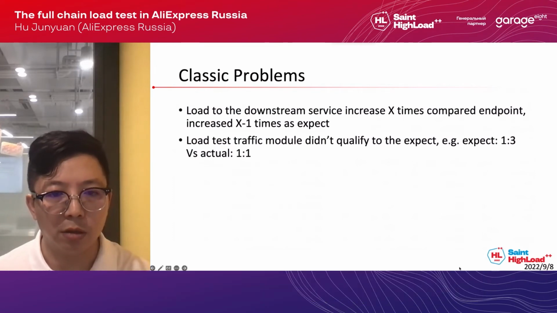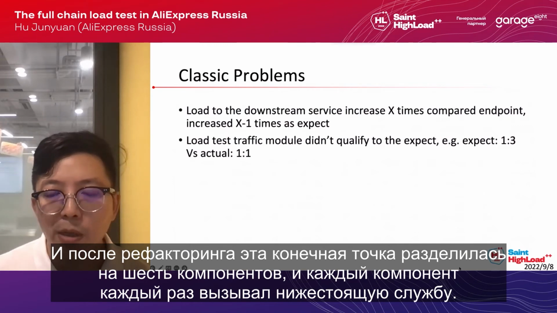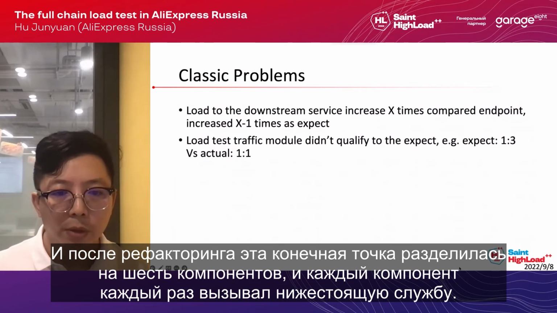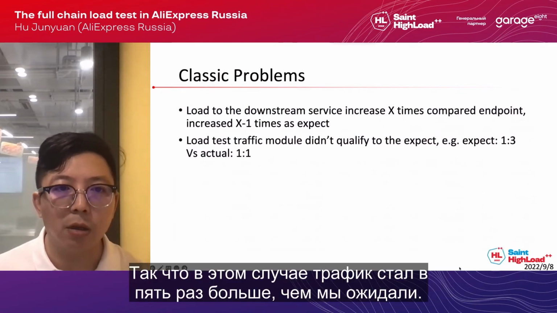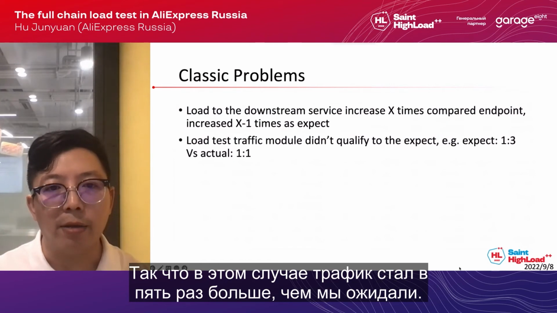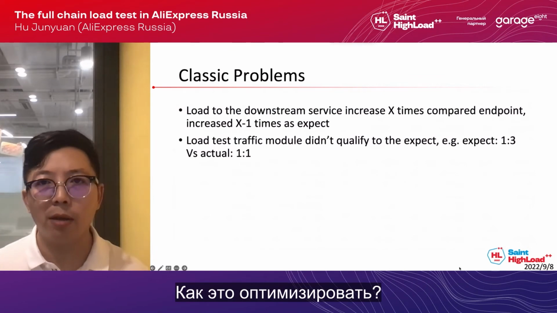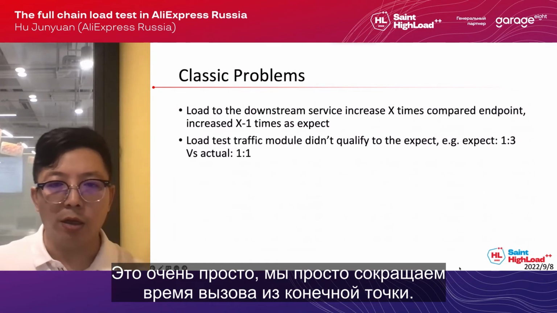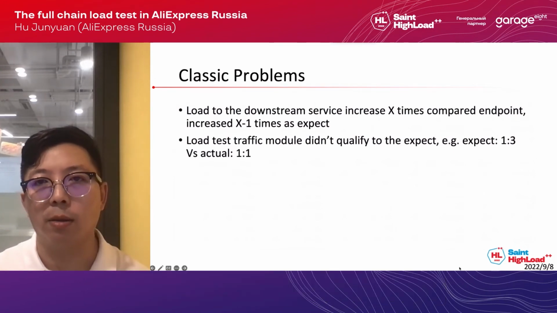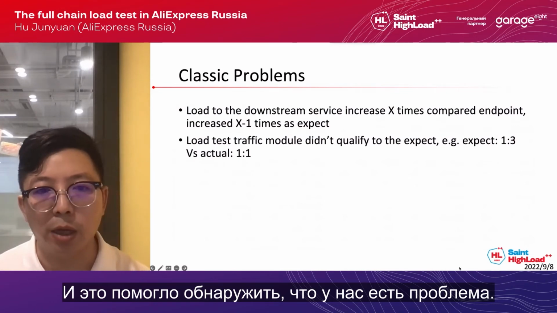After refactoring, this endpoint was split into 6 components, and every component calls the downstream service every time. So in this case, the traffic increased 5 times more than we expected. How to optimize it? It is very easy, because we just reduce the invoke times from the endpoint.